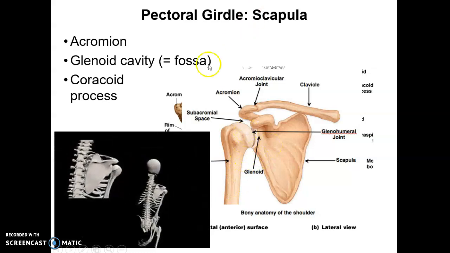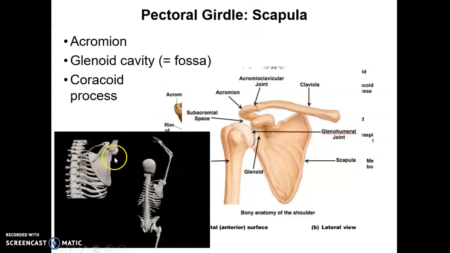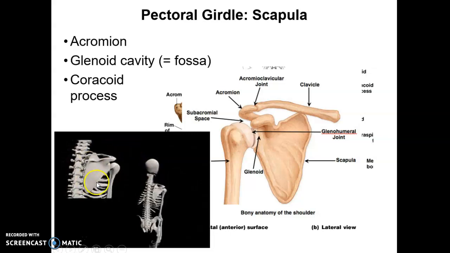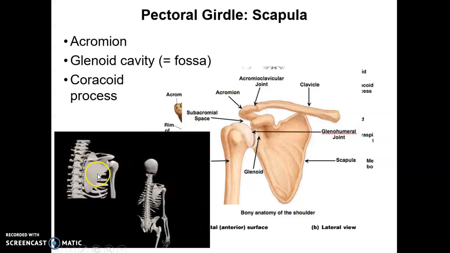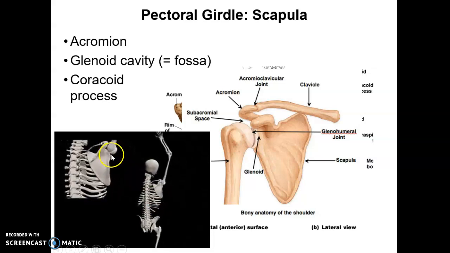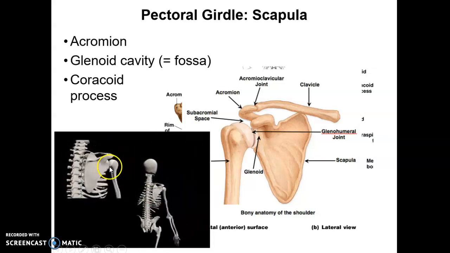And the upper limb is highly movable, mobile. The scapula floats on the back of the thoracic cage. Very movable.